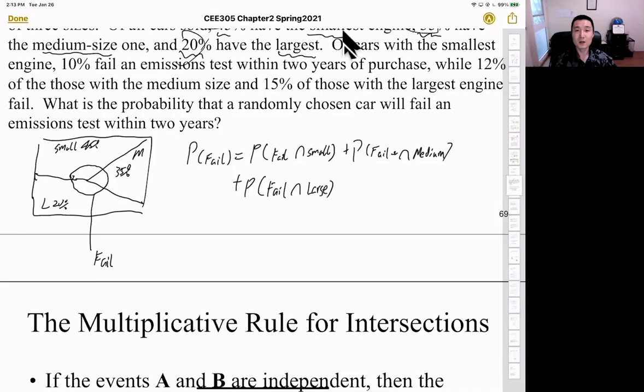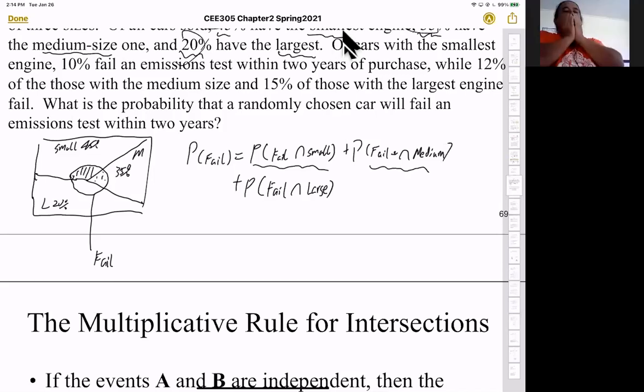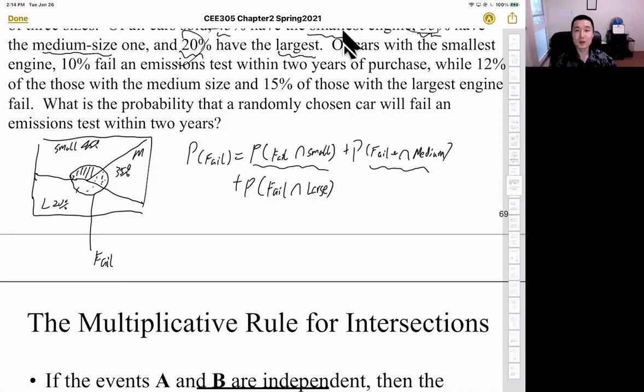Okay, so see from the Venn diagram, the first part, probability to fail when the engine size is small, is this shaded area. Okay, and probability fail when the engine size is medium is this area, and so on.